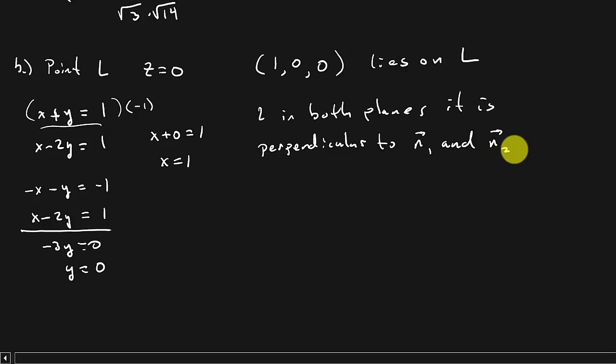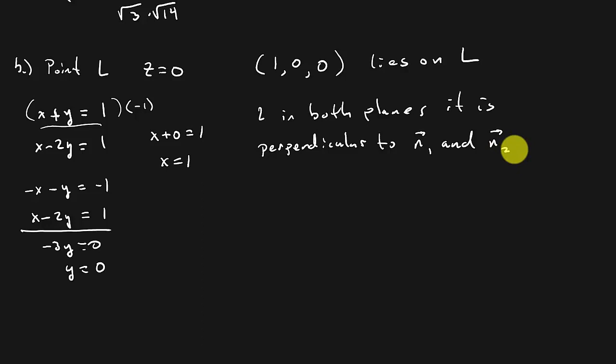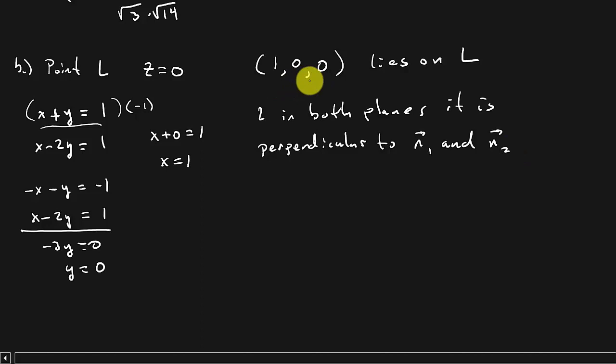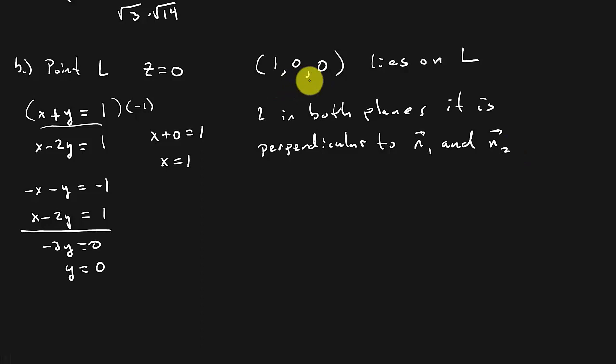So what do we need to find the equation of a line? We need a point on the line, which we have right there, and we need V that's parallel to the line.